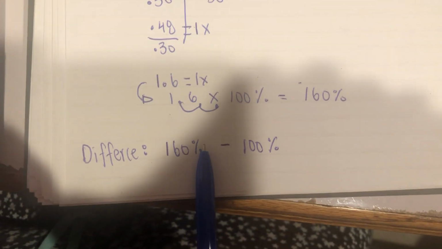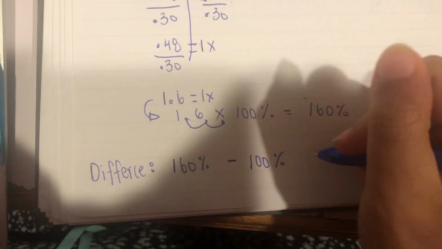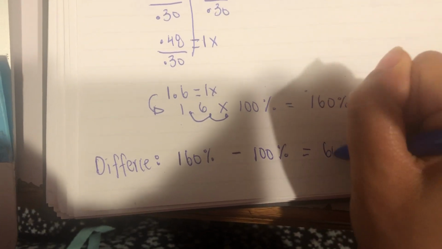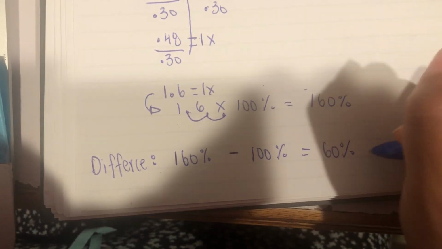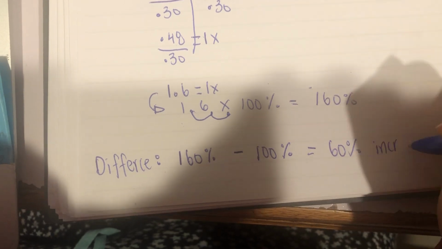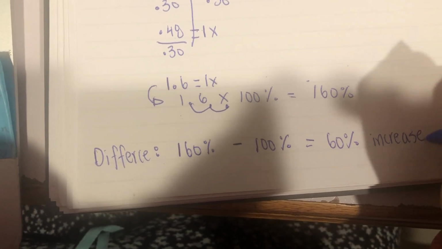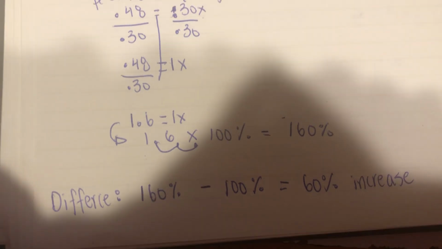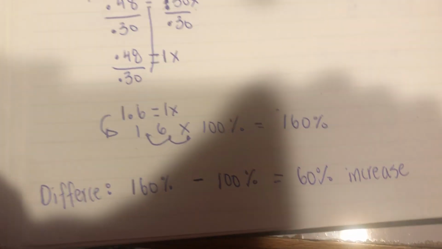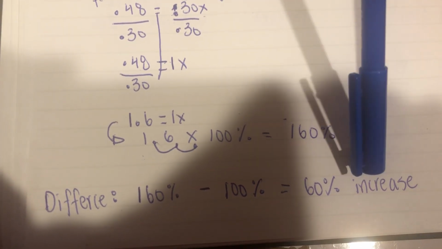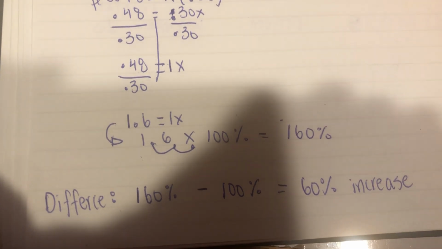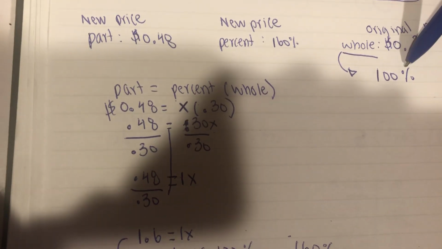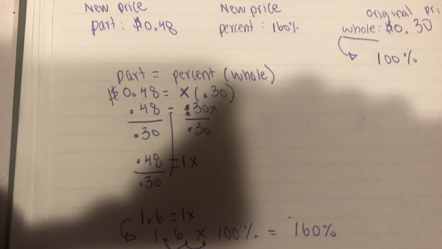And that's going to help me find the markup percentage, which would be 60% increase. So that would be my final answer, that the markup is a 60% increase from the original price, which is 100%.